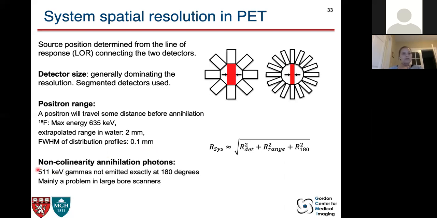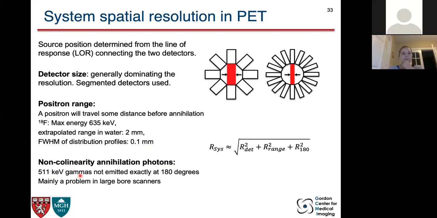Another thing is the non-collinearity of the annihilation photons, which is because we say that these gammas are emitted back to back with 180 degrees difference, but it's not exactly 180 degrees different. There is some deviation.